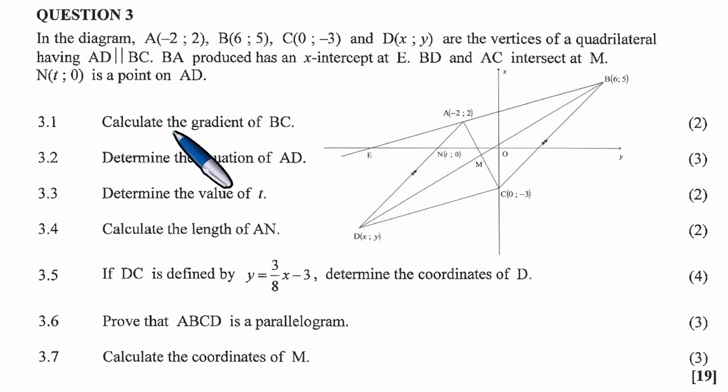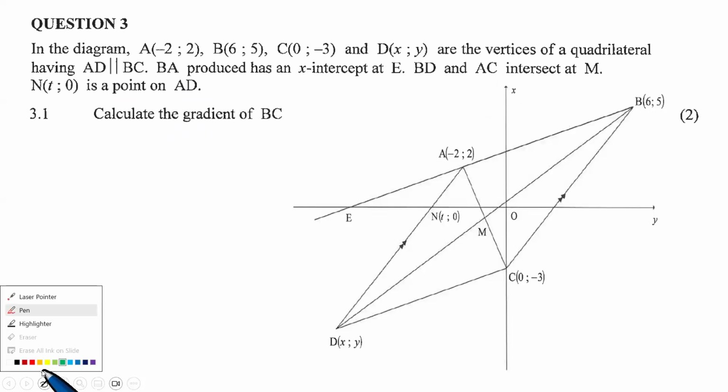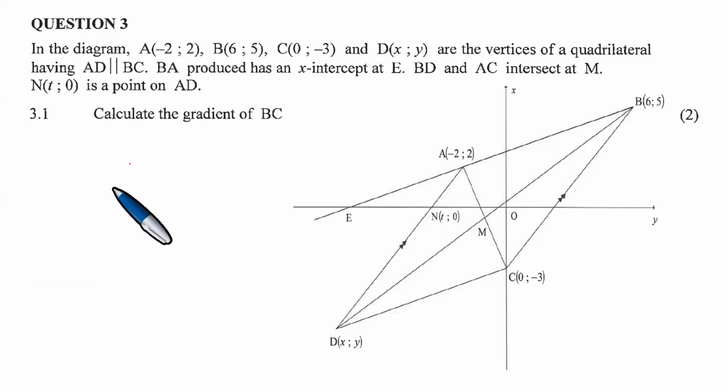BA produced meets the x-axis at E. BD and AC intersect at M. N with coordinates (t, 0) is a point on AD. Determine the gradient of BC.